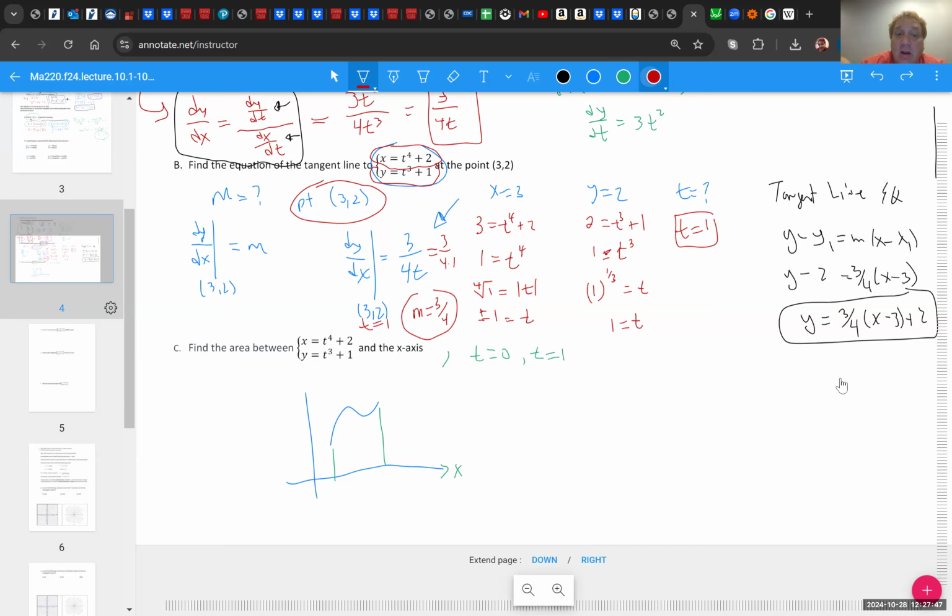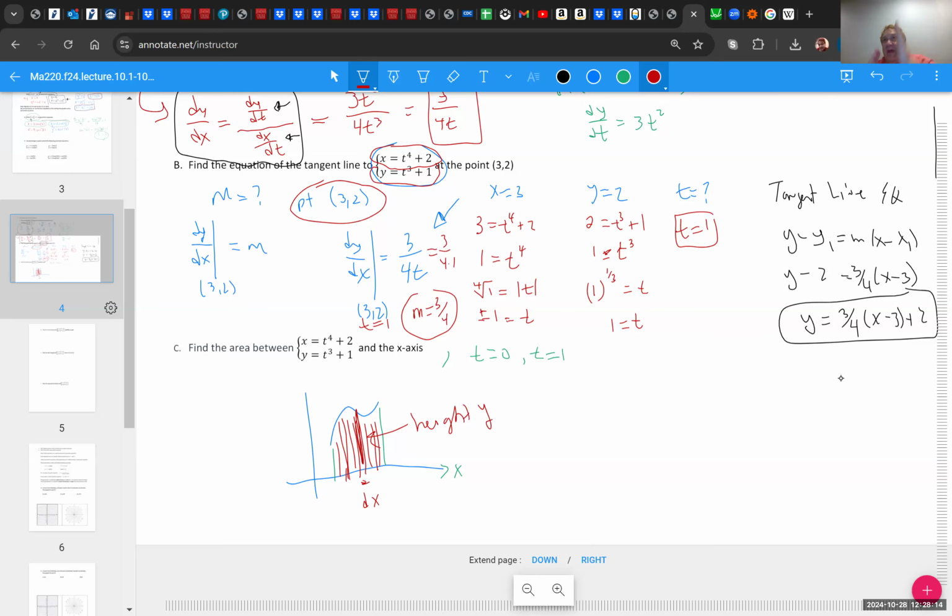So how do we do that? Well, what we did was we divided this up into little rectangles, right? This is called a Riemann sum. Lots of rectangles, all infinitesimally thin. The thickness or the thinness of it was called delta x or dx. And the height of each of these rectangles is y.